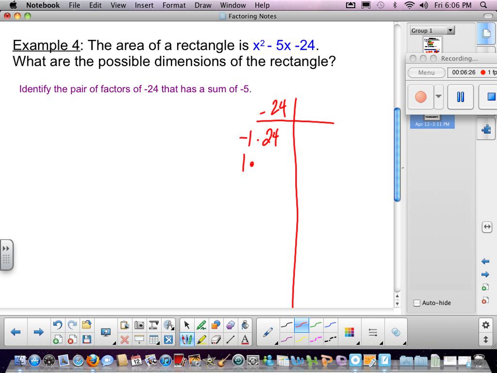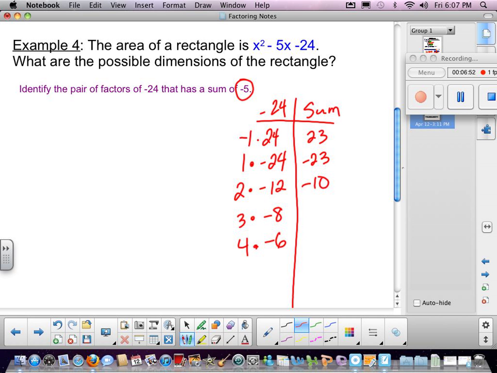And if we look right here, since it's negative 5, we actually know the negative number has to be larger. So I can skip and just look at the ones where the negative is larger. Then let's come over here and do the sum. It'll be 23, negative 23, negative 10, negative 5, and negative 2.